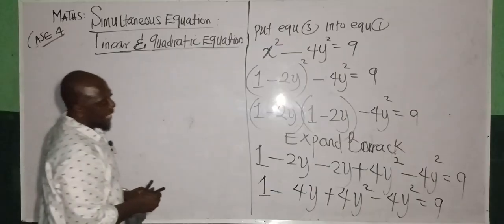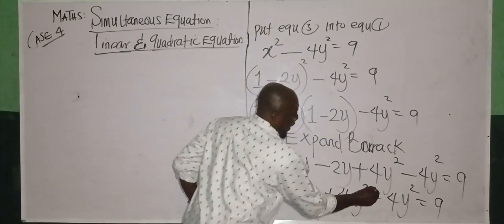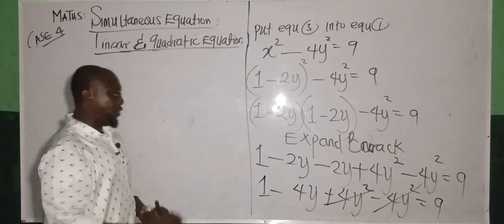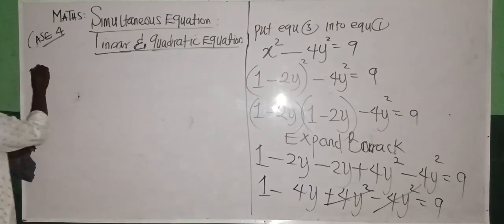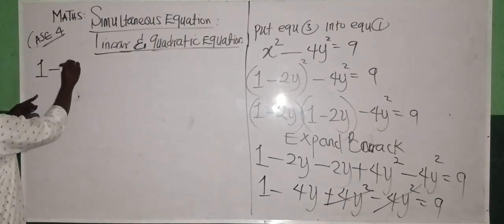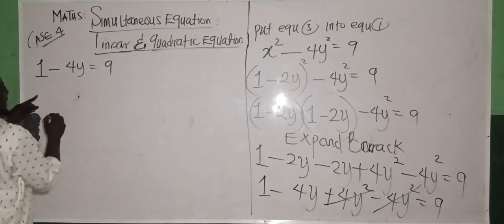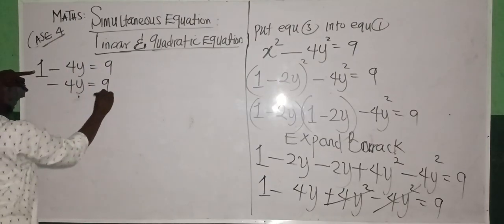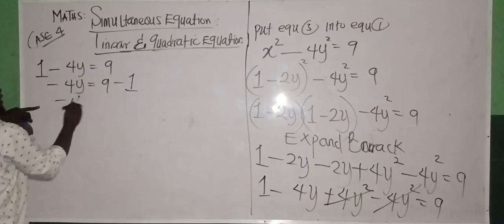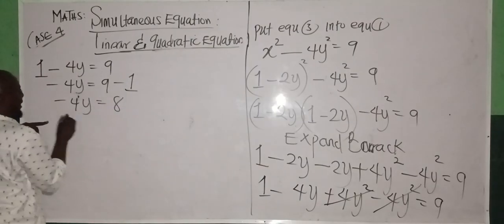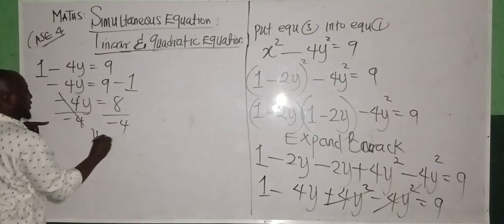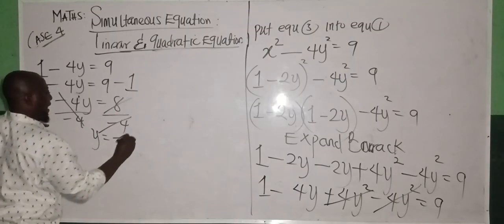So observe that plus 4y squared cancels minus 4y squared. That means plus 4 minus 4 is 0. We don't need that. So here now, I have 1 minus 4y equals 9. So take this one over here. I'll have minus 4y equals 9 minus 1. So minus 4y equals 8. Divide both sides by minus 4. This cancels. Here y becomes minus 2.